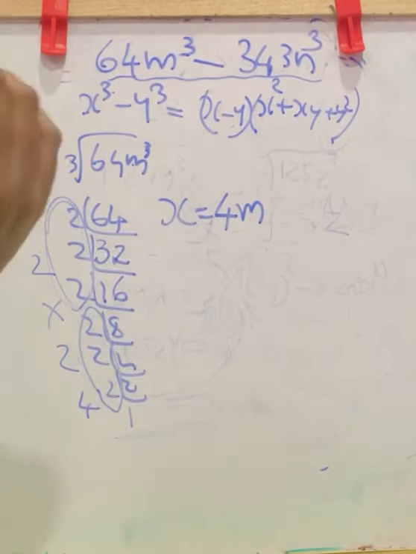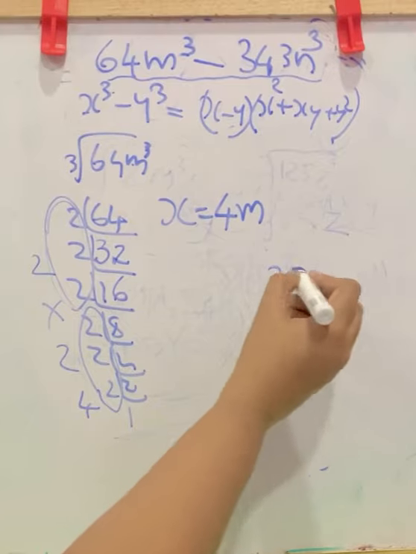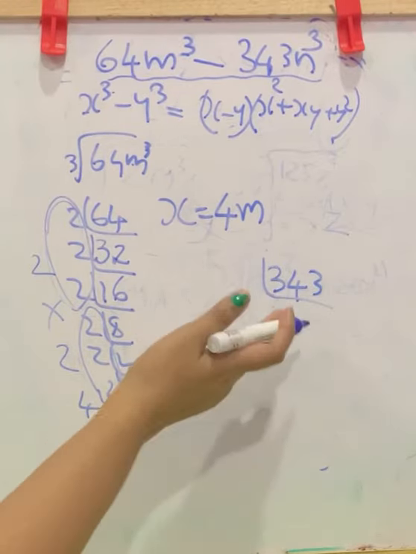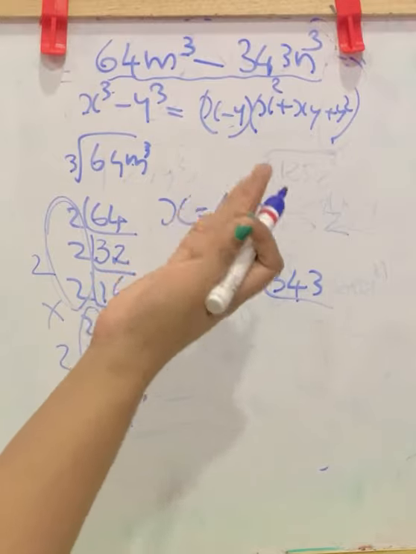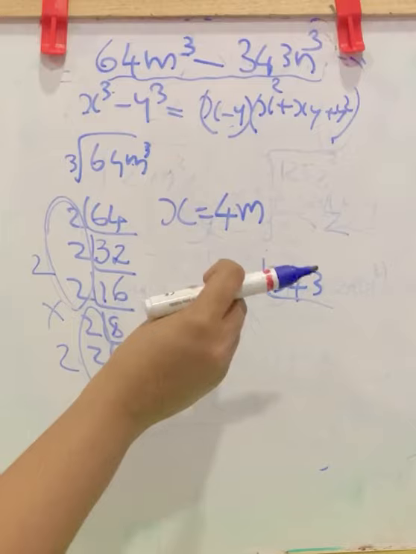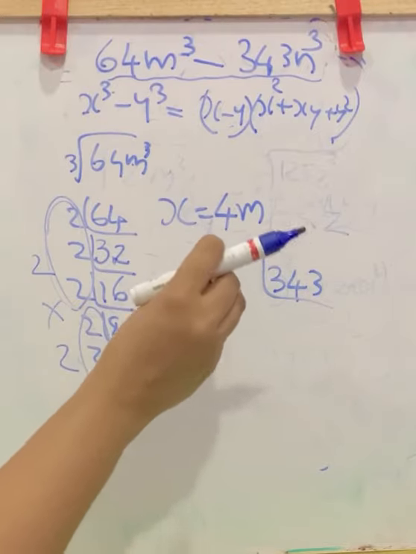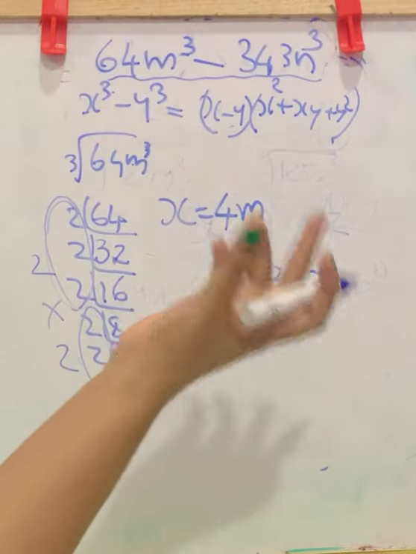Now to find y, you want to take the cube root of 343. So 343, it is not divisible by 2. The next prime is 3, you can check, is it divisible by 3? No, it is not divisible. You want to check the divisibilities. I will do a video of checking the divisibility of a number. Then you will get more idea of how to check divisibility.